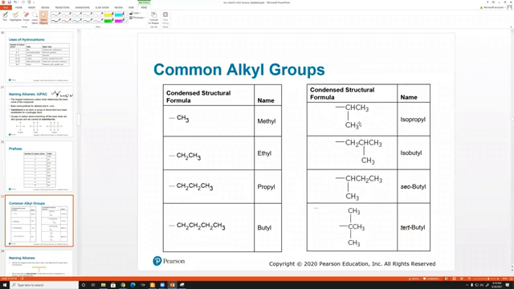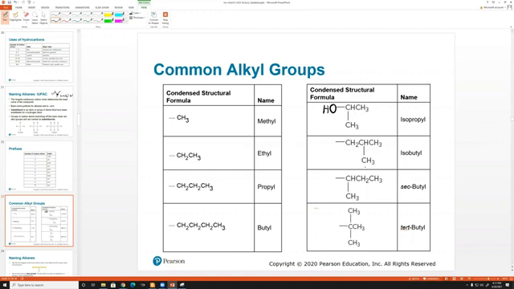This is where you get isopropyl alcohol, or 2-propanol.